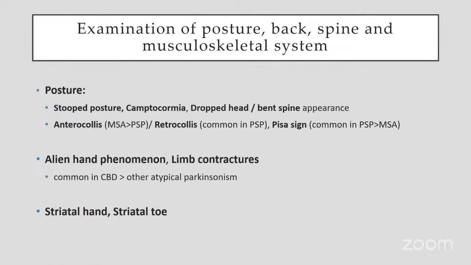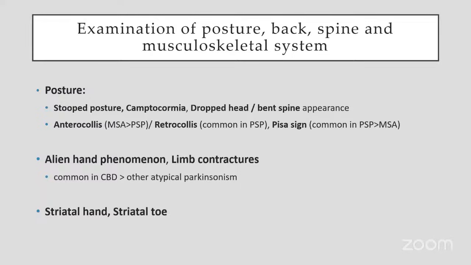Posture, in MSA, we usually see camptocormia, bending of the spine, or dropped head or bent spine. And there can also be laterocollis, which is called Pisa sign, seen in PSP and MSA. Anterocollis is mostly seen in MSA and retrocollis in PSP.